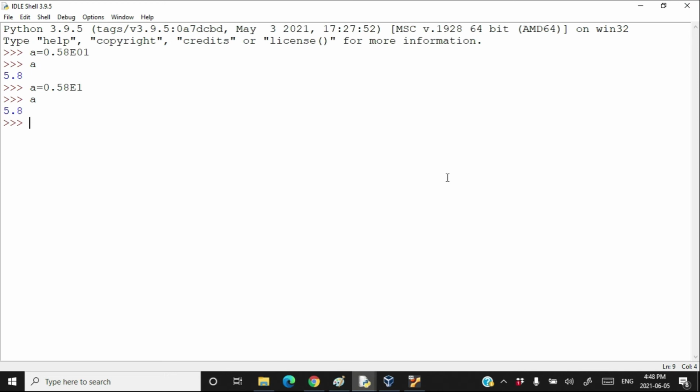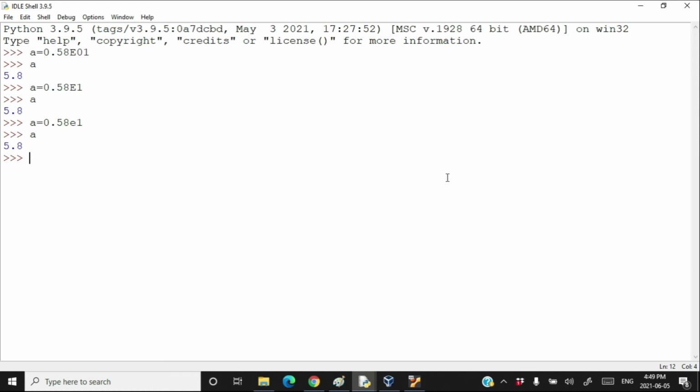Type a, it's again 5.8. Now again try one more thing. A is equal to 0.58 small e 1. This also works. So you can use either capital E or small e. Both work. So there are a few valid syntaxes of using the exponent form of a floating point literal.